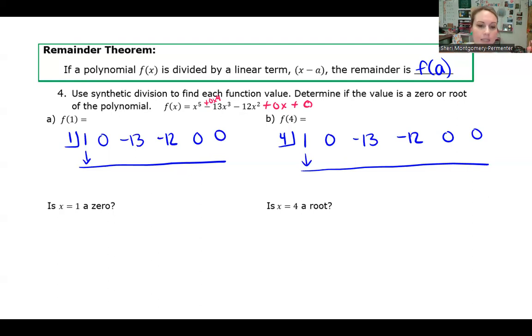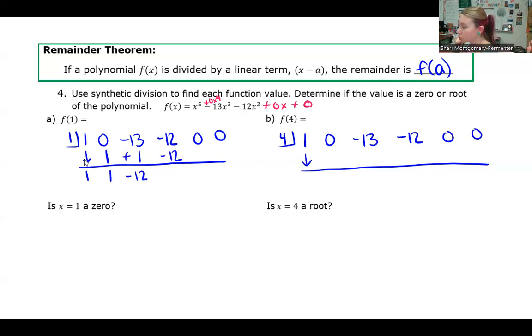So when I start my synthetic division, my first step, drop it like it's hot. So I get a 1. 1 times 1 is 1. 0 plus 1 is 1. 1 times 1 is 1. Negative 13 plus 1 would be negative 12. Negative 12 times 1 is negative 12.